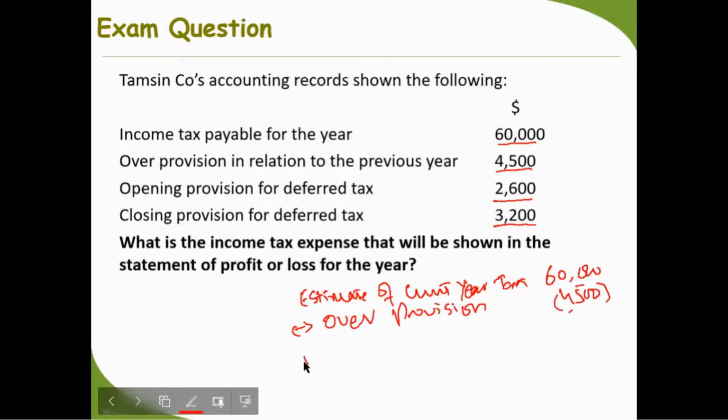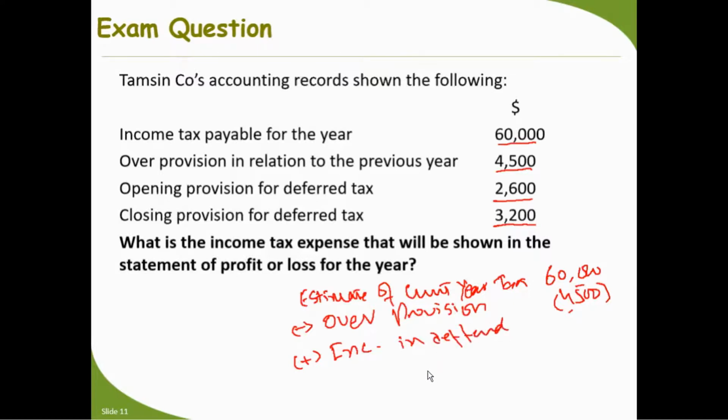Then there is an increase in deferred tax, which is simple: 2,600 opening balance, 3,200 closing balance. The difference is 3,200 minus 2,600 equals 600.